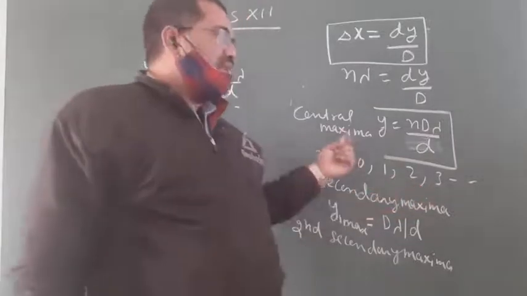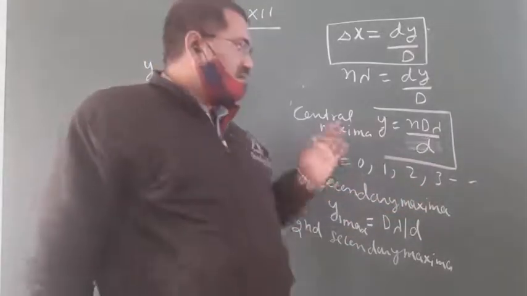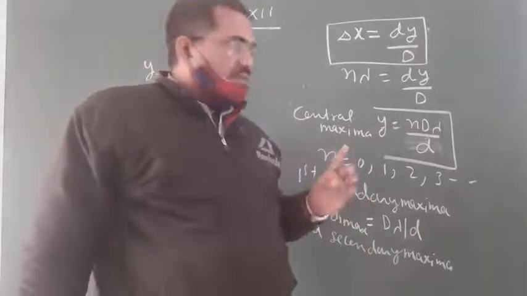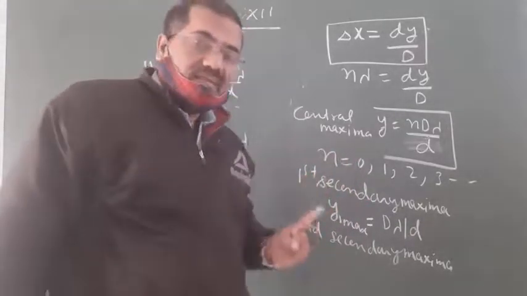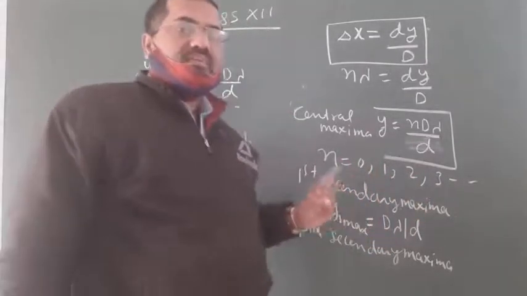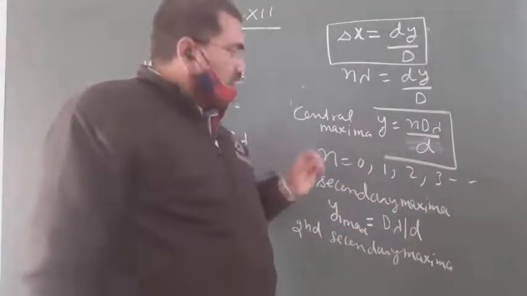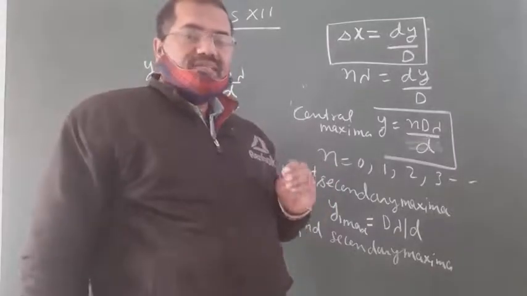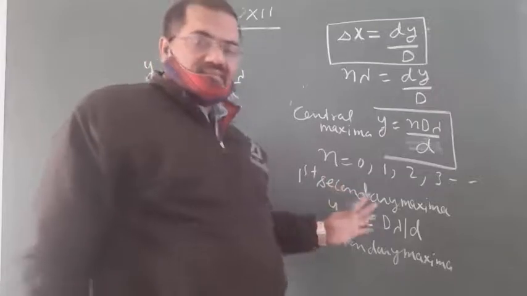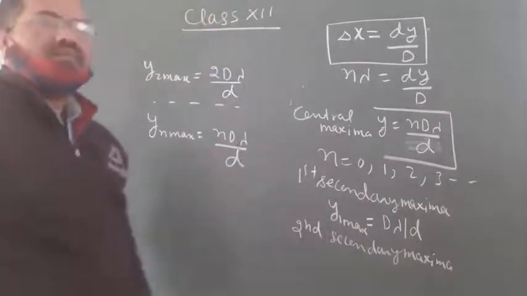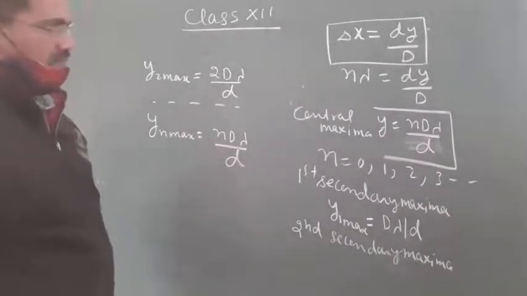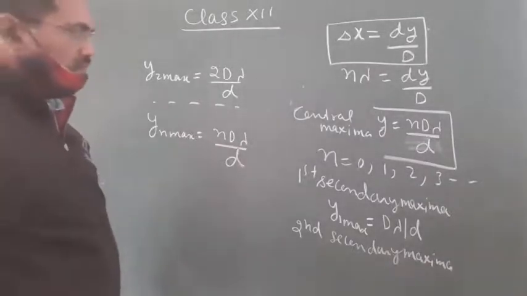When you put n equal to 0, you get central maxima, when you put 1, there would be first secondary maxima, and when n equal to 2, second secondary maxima. Note this very important point: central maxima is seen separately from secondary maximas.